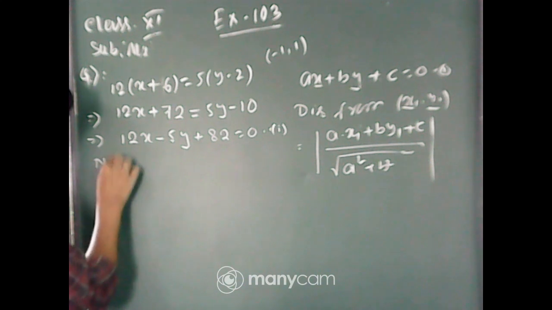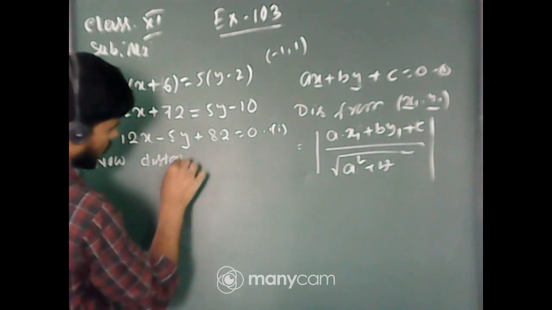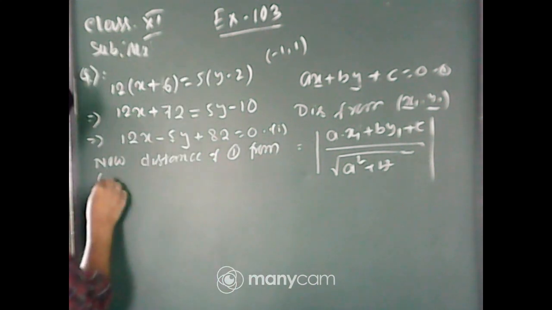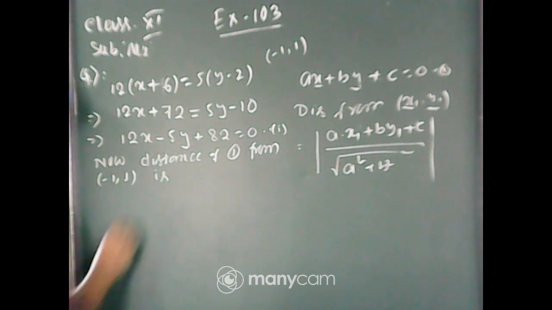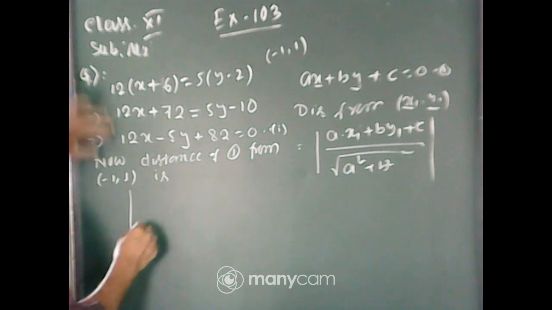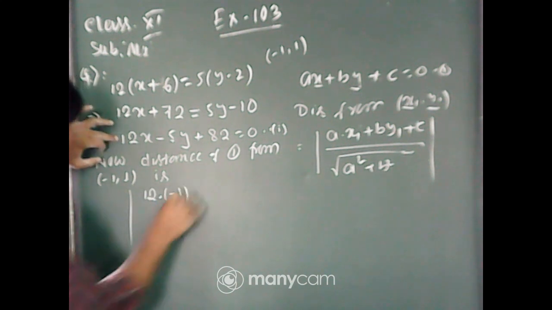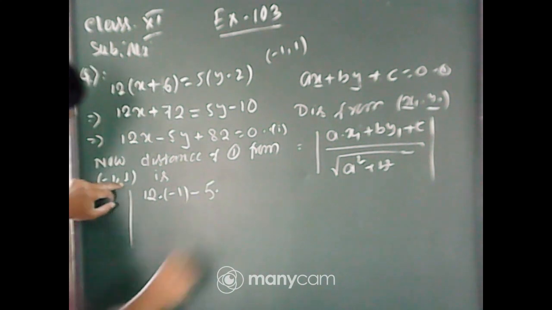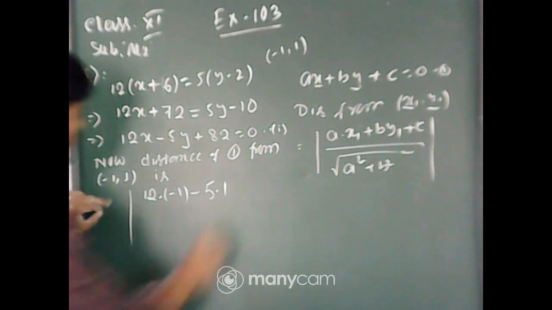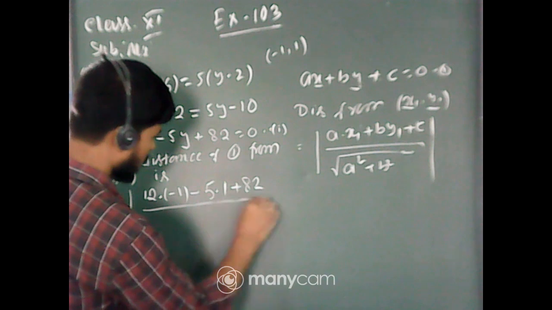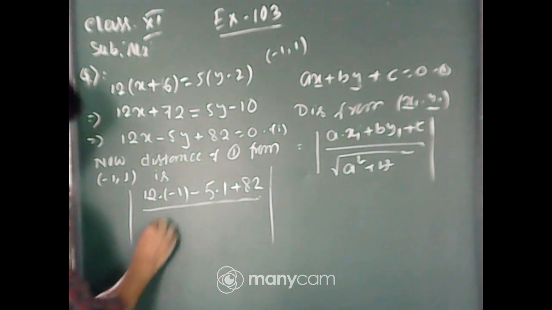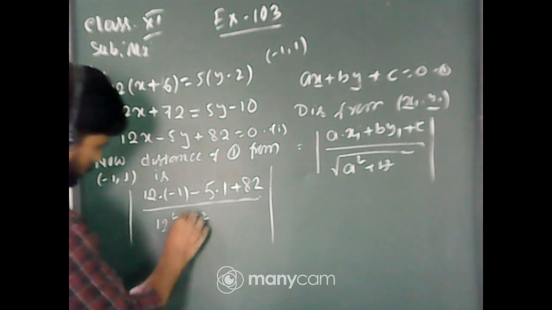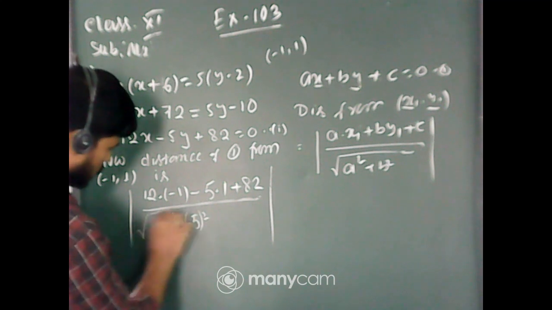Now the distance of equation number 1 from the point minus 1 comma 1 is mod of, applying the formula, a means 12 into x1, x1 means minus 1, plus b into y1, that is 1, plus c, divided by root over of a square plus b square, means 12 square plus minus 5 whole square, root over of that.